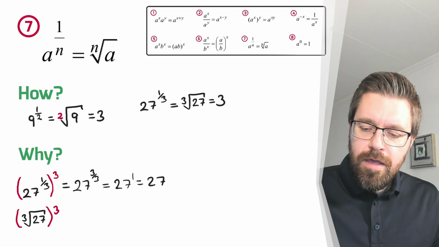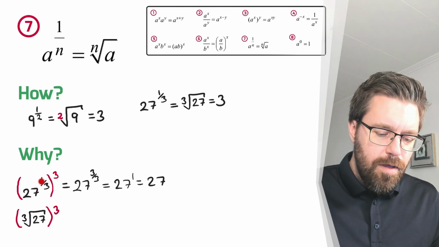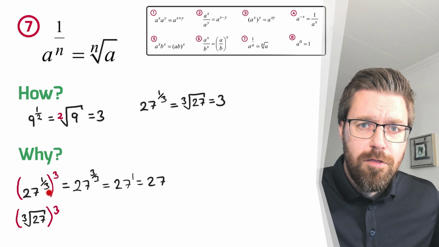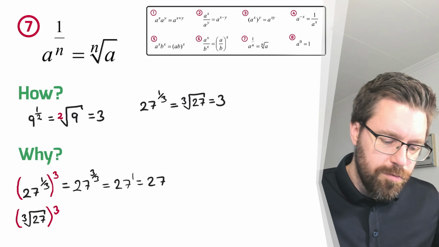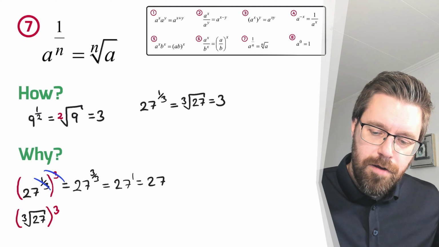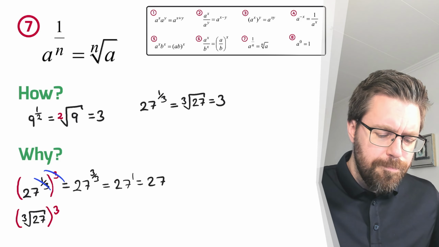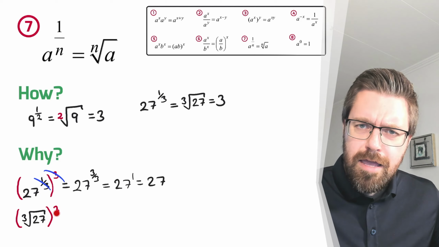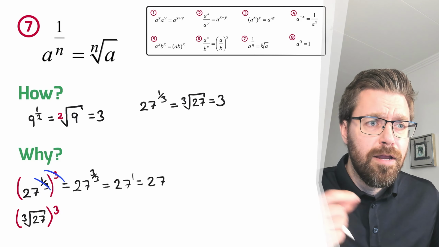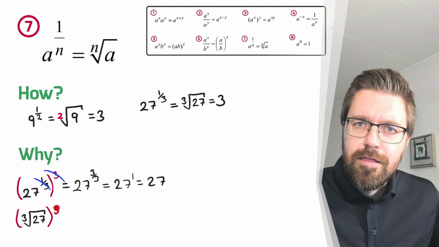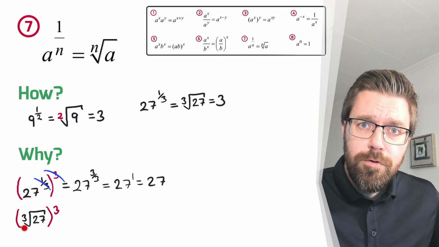Okay. It also means that raised by 1/3 is the opposite operation or inverse operation to raising by 3. So they will cancel each other out. So shoop, shoop, and we will only got 27. But this thing is the definition by the opposite operation for raising something to 3. It is the cube root.